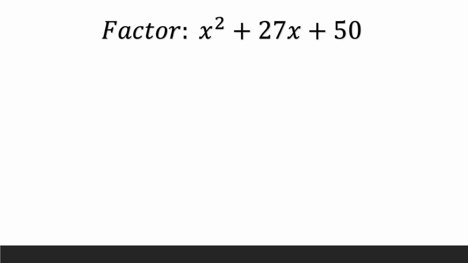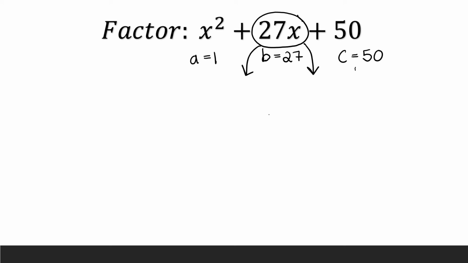Let's take a look at another example. This time we have x squared plus 27x plus 50. So we have a is equal to 1, b is equal to 27, and c is equal to 50. And we want to split up our b term so that we can use factoring by grouping.